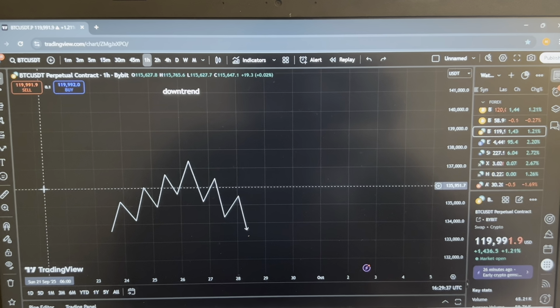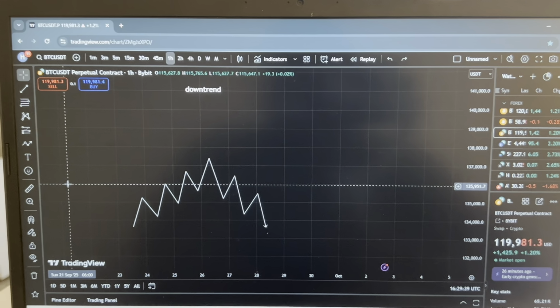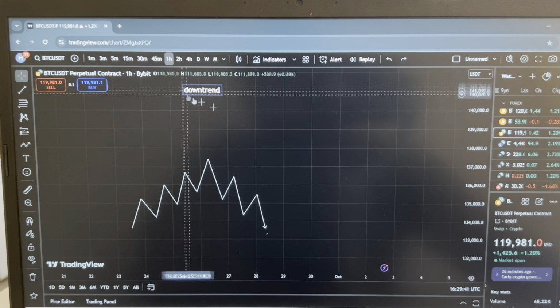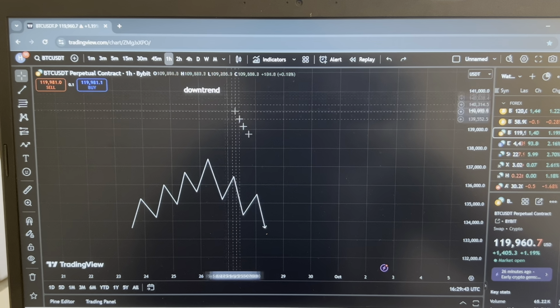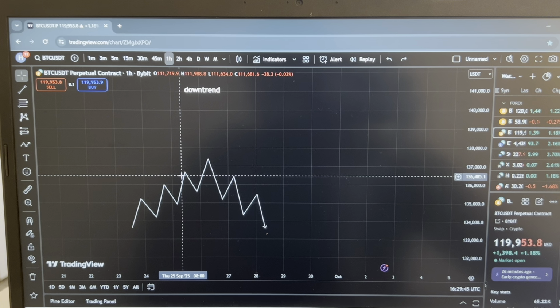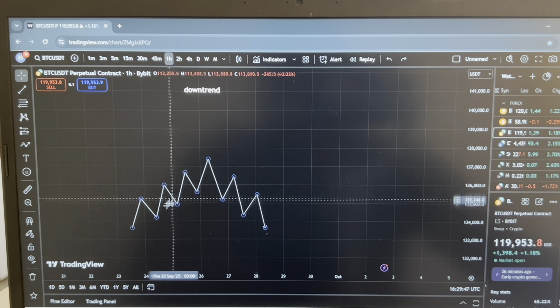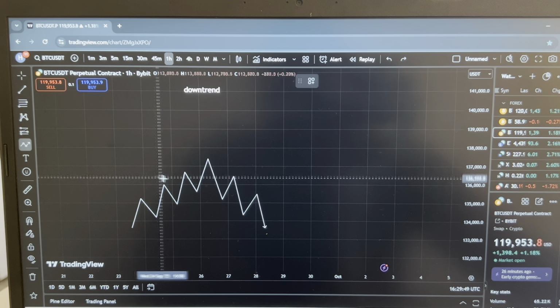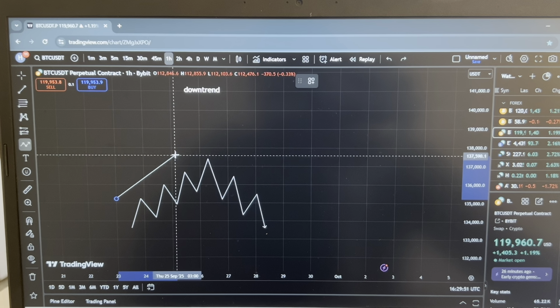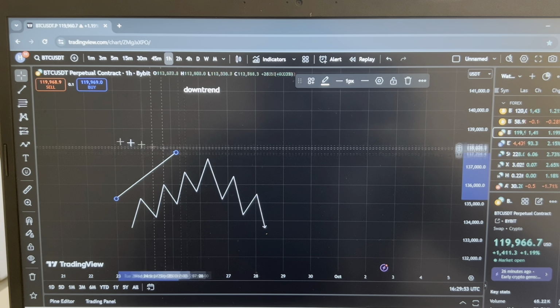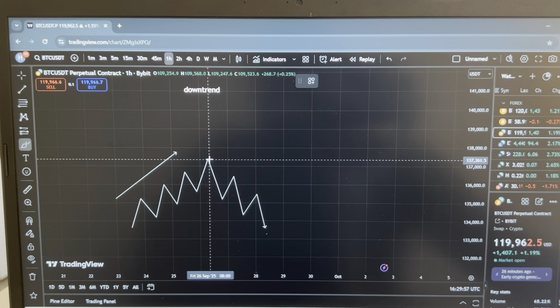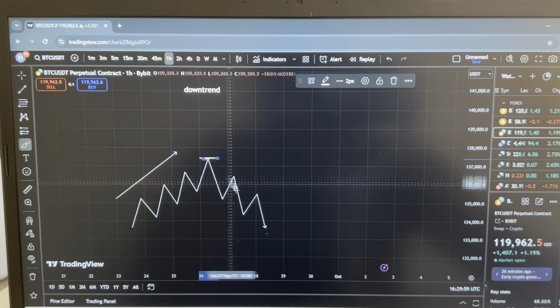As you guys can see, to find the downtrend scenario, the market actually needs to be in an uptrend. And just like that, this is in an uptrend, and then from this crucial point, it has shifted to a downtrend.